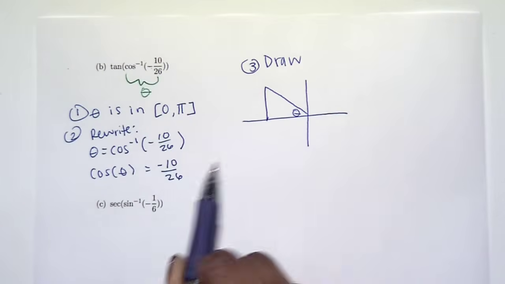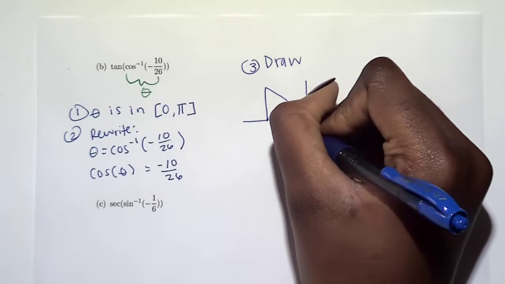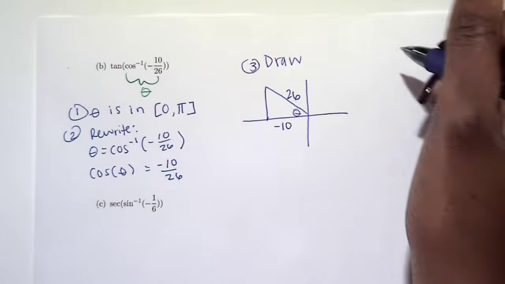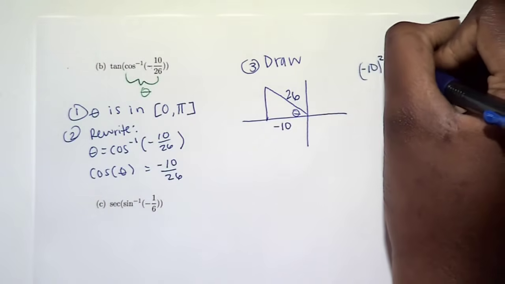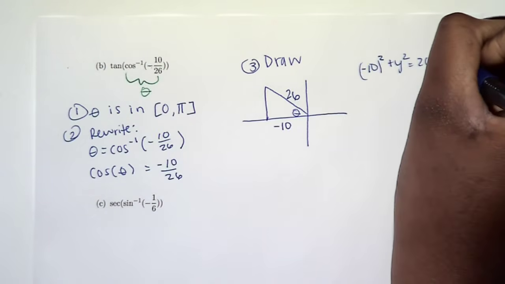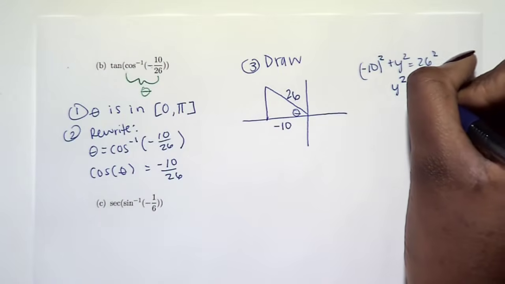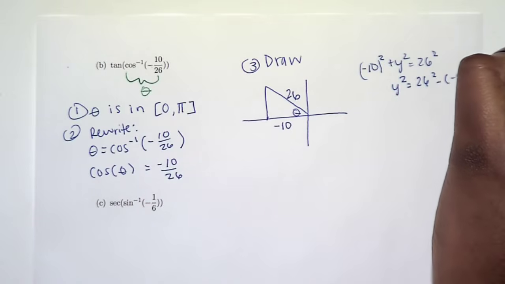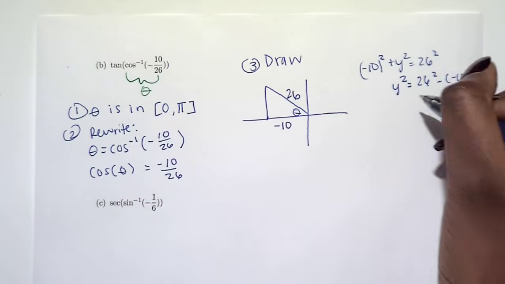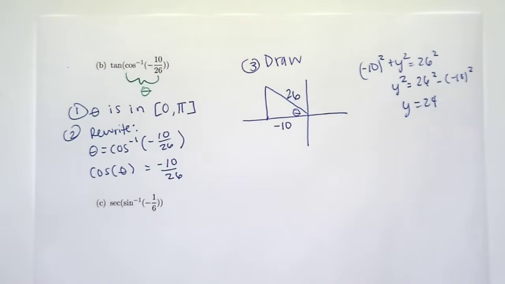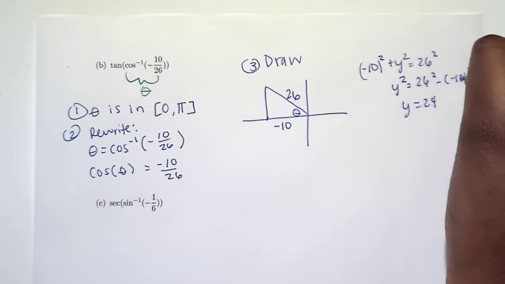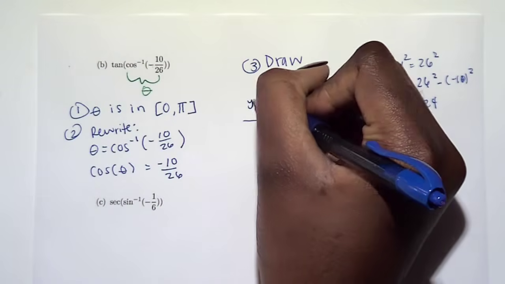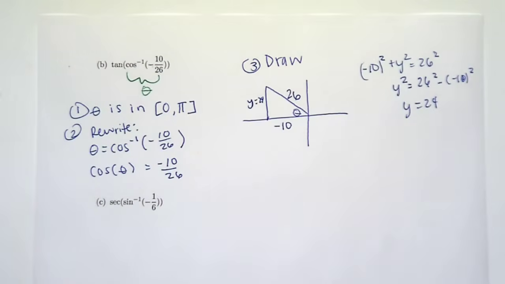We're given cosine, so we know adjacent is our negative 10, hypotenuse is 26, and we can find our y value. I'll spoil it for us, the answer is 24, which we knew from last time. So y equals 24 right here.